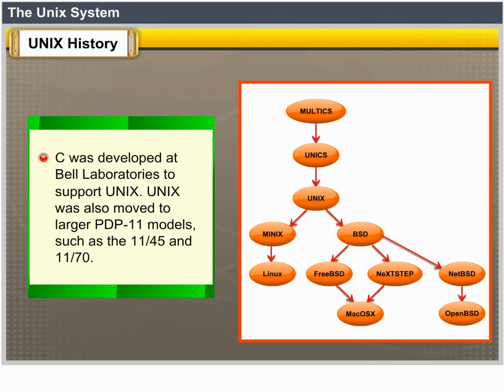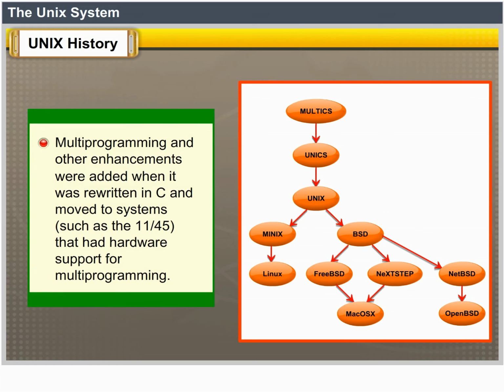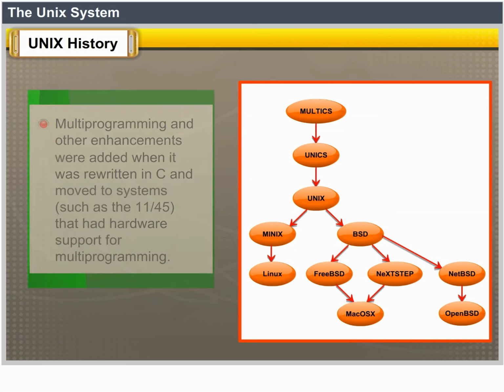Unix was also moved to larger PDP-11 models such as the 11/45 and 11/70. Multiprogramming and other enhancements were added when it was rewritten in C and moved to systems such as the 11/45 that had hardware support for multiprogramming.